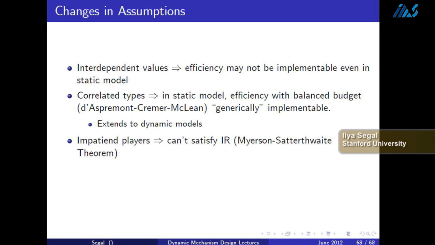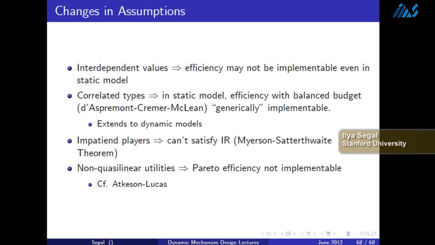Of course, if the types are fully persistent, then you're basically back into the static world. So you get non-ergodicity because the current type affects the future too much, and then you will not be able to satisfy participation constraints.